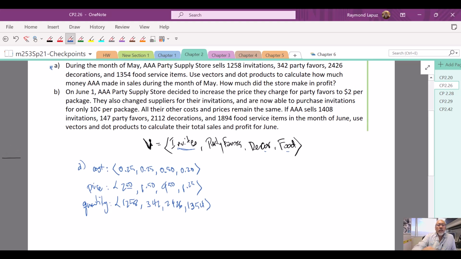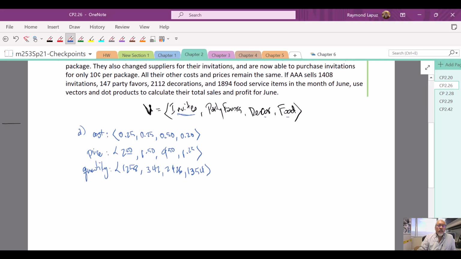They are asking, use vectors and dot product to calculate how much money they made during the month of May in sales. So we need the sales. The sales would be the price that they're selling things for and the quantity that they sold.